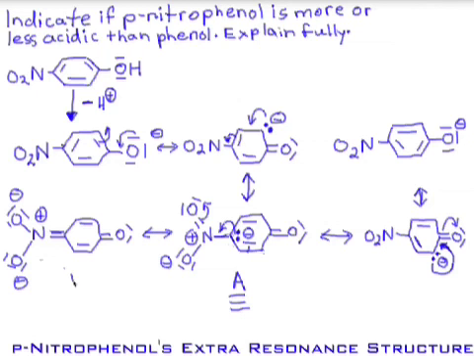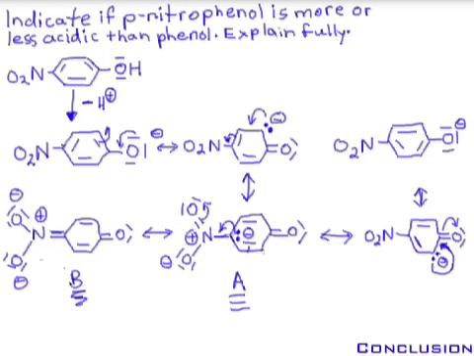This structure, which I'm labeling B, is an extra resonance contributor. Now, because you have an extra resonance contributor, phenol could draw all of these resonance contributors. But instead we don't have just 5 contributors, we have 6.